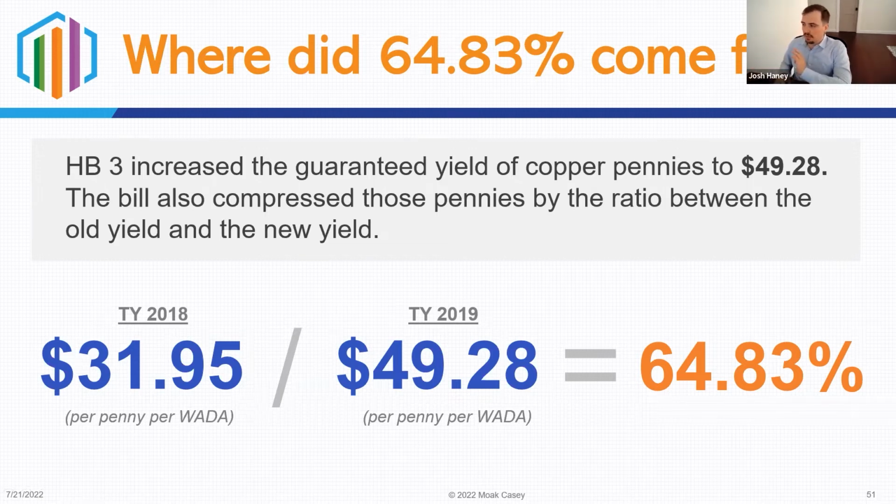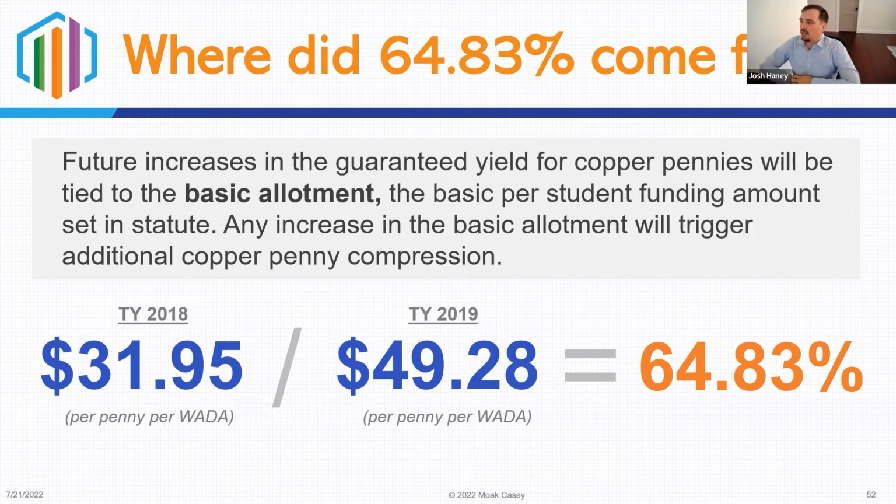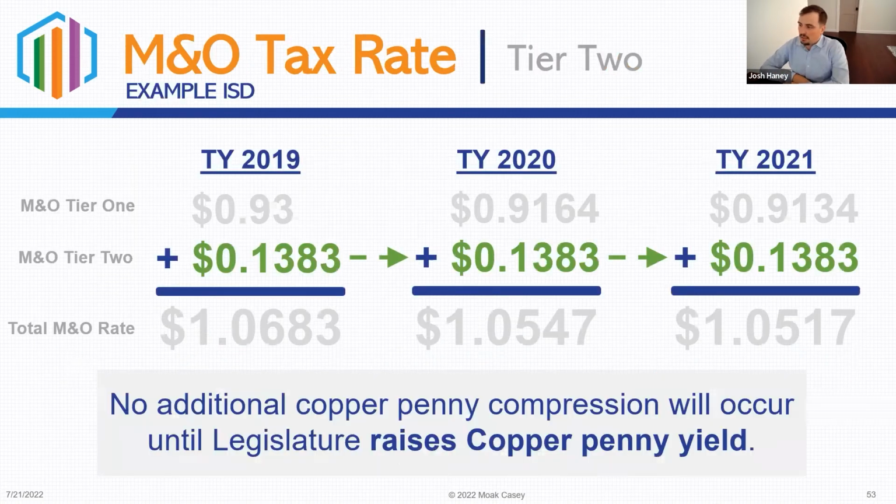Okay, and there's really 2 ways that the yield can be increased. If they increase the basic allotment from 6160, that would trigger copper penny compression because these yields are tied to the basic allotment.